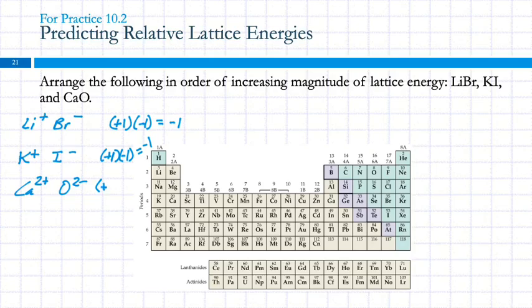And here we have plus 2 and minus 2, and that's minus 4. Based on charges, which of these has the largest lattice energy?